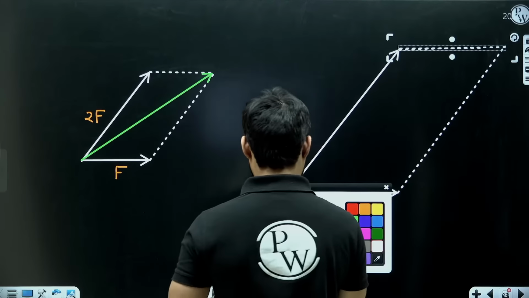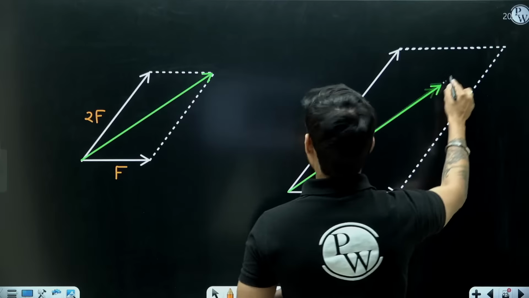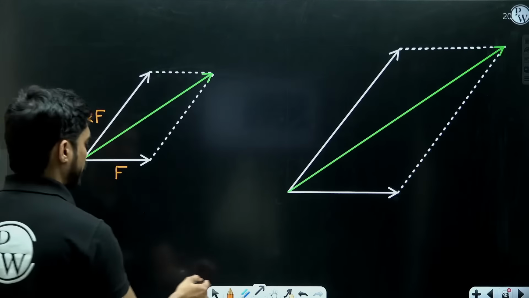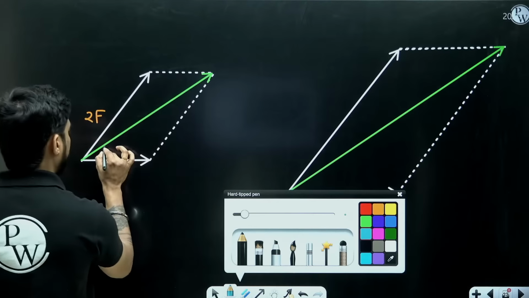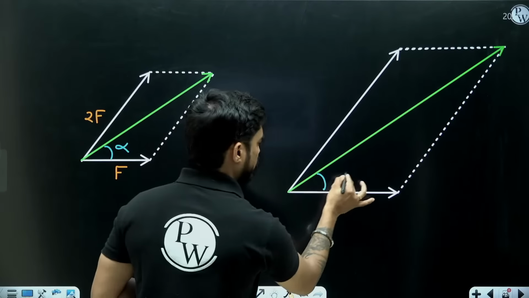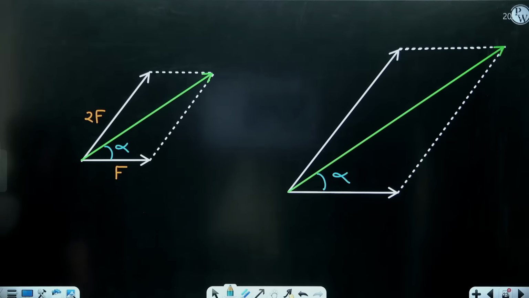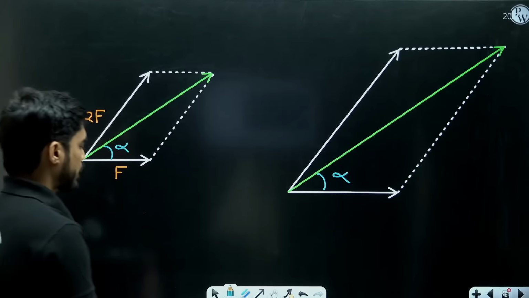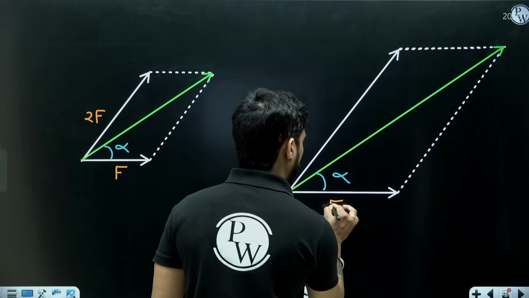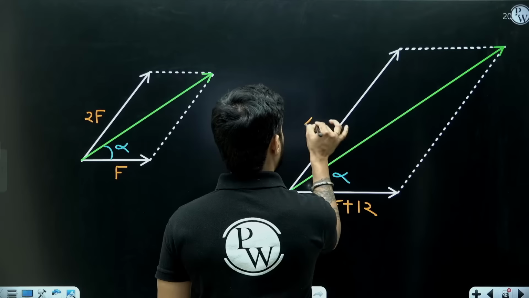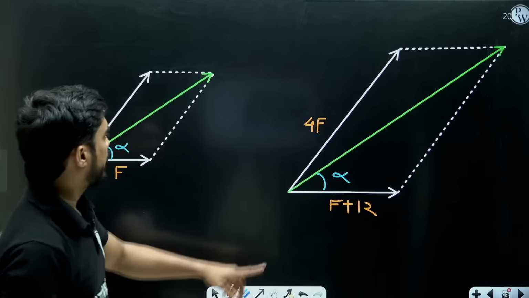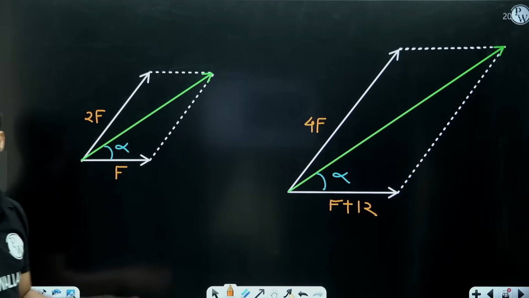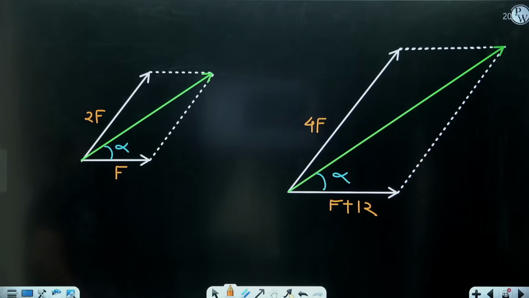So line of action means what? Line of action of resultant remains same means this angle will remain same, right? This angle alpha will remain same. Now we have increased this by 12 kilonewton, F plus 12, and we have made it double, 4F. But the line of action is same, means the angle is still alpha.